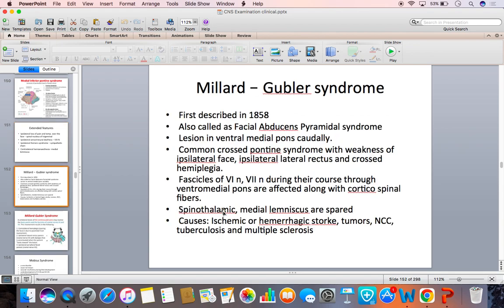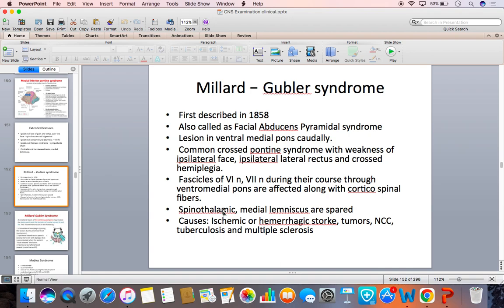If the infarct involves not only the medial part of the pons, but a little lateral part of the pons at the inferior pontine region, then you have the Millard-Gubler syndrome. Well, this is again an infarct in the medial inferior part of the pons due to the involvement of the paramedian branches of the basilar artery.